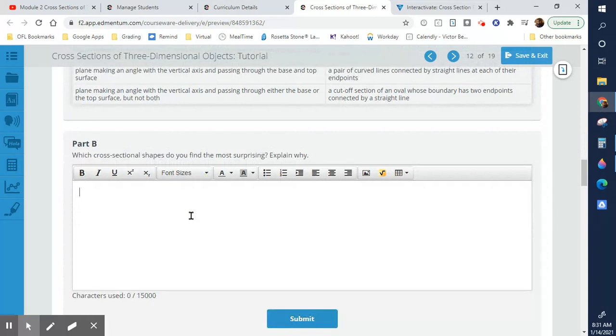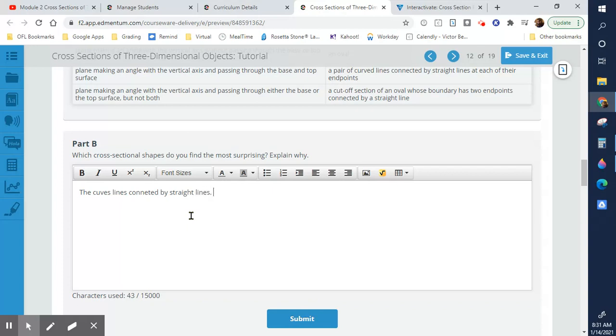The curved lines connected by straight lines. And why?